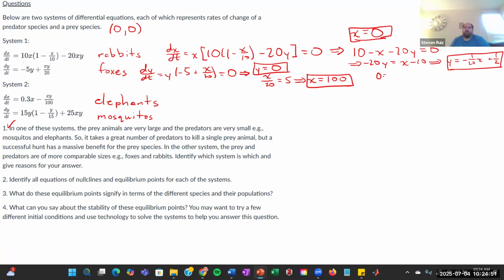So 0 equals negative 1 over 20x plus a half, which means that x over 20 equals 1 over 2. Cross multiplying gives me 2x equals 20, so x equals 10. So it looks like I also have an equilibrium at 10 rabbits, no foxes.